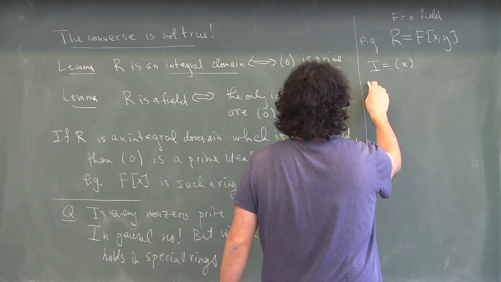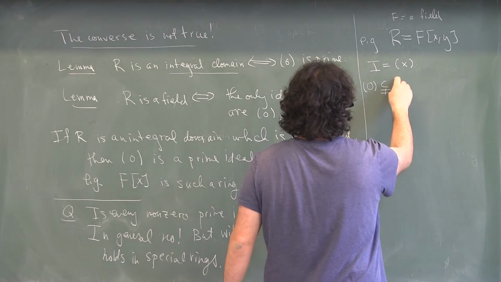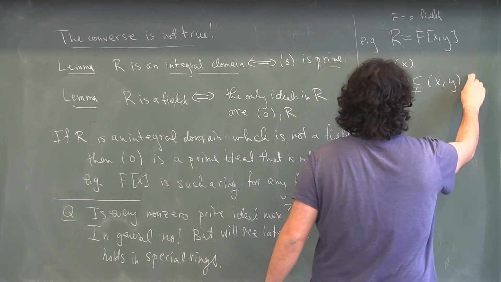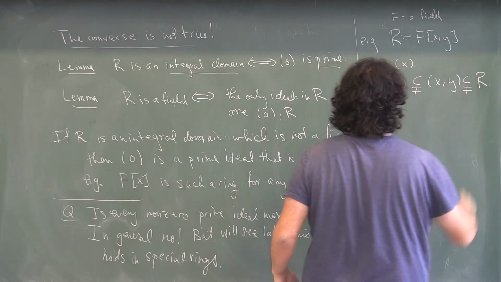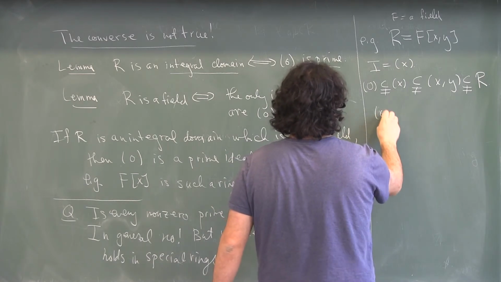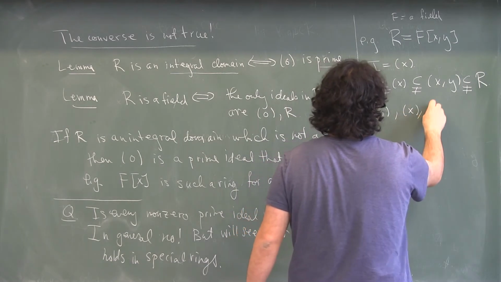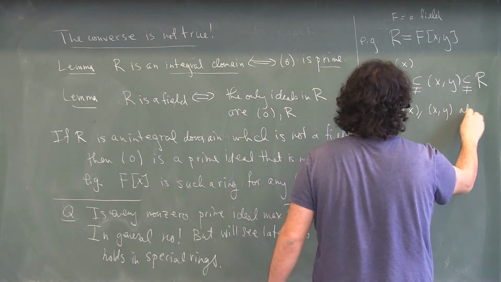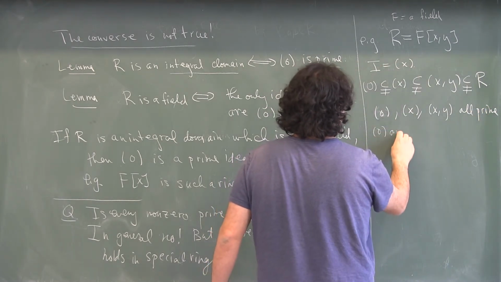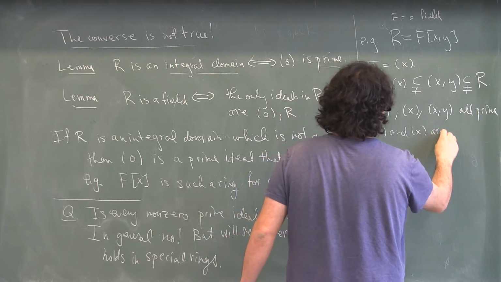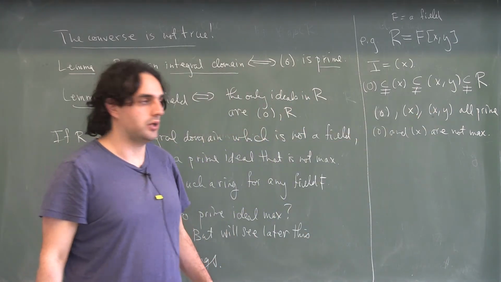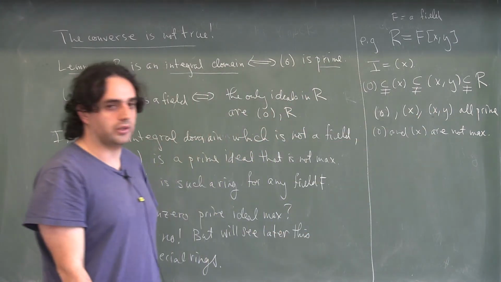And I have strict inclusions. 0 is strictly contained in (x), is strictly contained in the ideal generated by x and y, is strictly contained in R. And now the ideal generated by 0, the ideal generated by x, and the ideal generated by xy, these are all prime, but 0 and (x) are not maximal. This ideal generated by x and y is maximal. Okay.